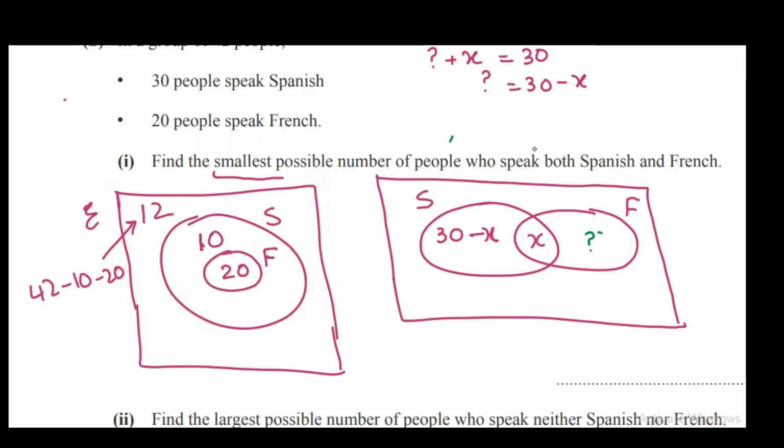For this empty region, the double question mark, you are watching this 20 people speak French. 20 is the sum of X and double question mark. X plus double question mark equals 20. So the double question mark will be 20 minus X.